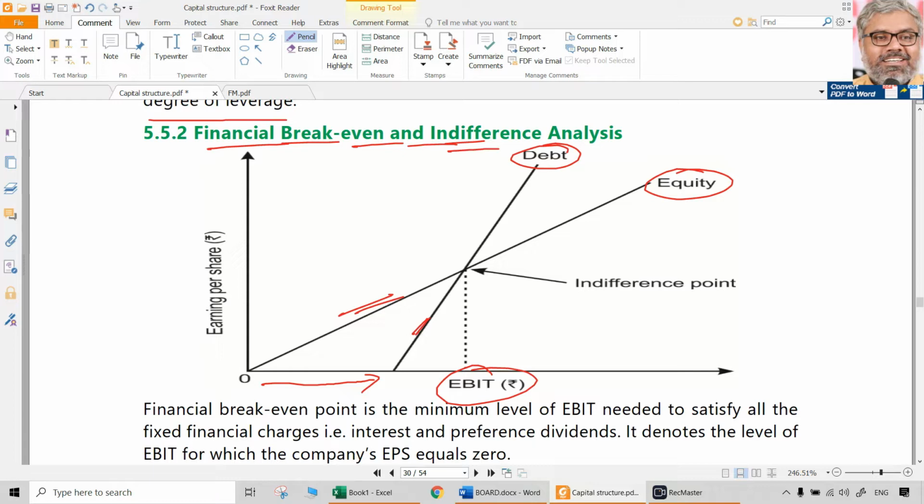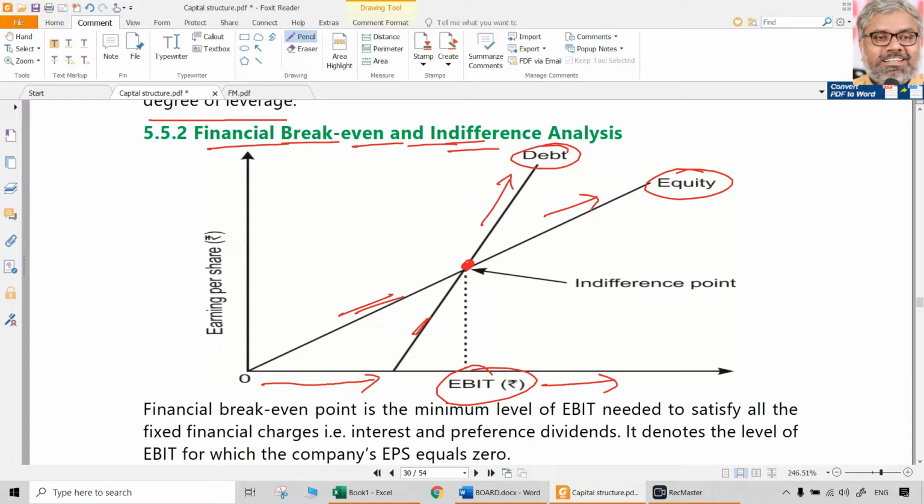So when EBIT is lower, equity is the better structure, a better source of finance than debt. Debt will be counterproductive. Debt will start giving its benefits after reaching the indifference point. After the EBIT increases beyond the indifference point, debt will give more EPS than equity.